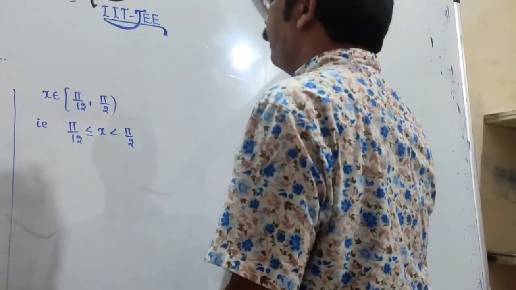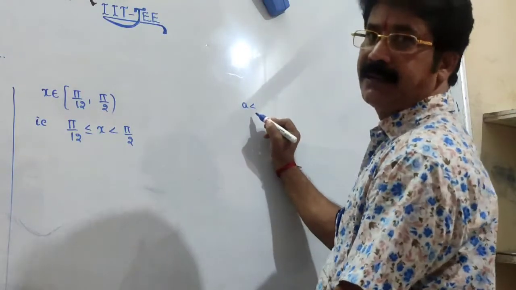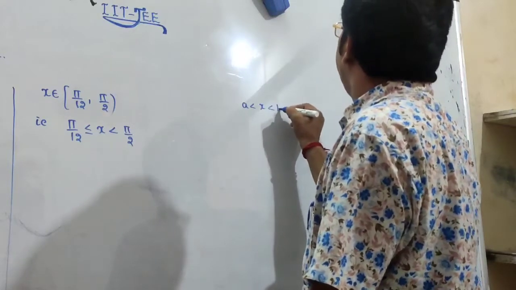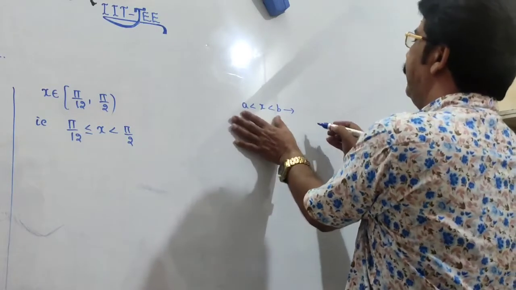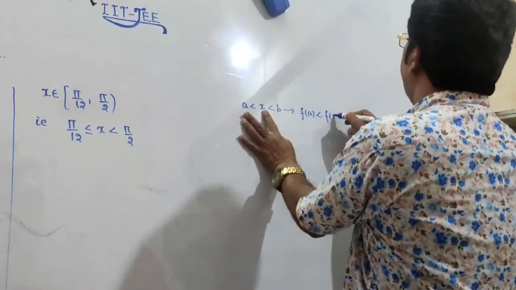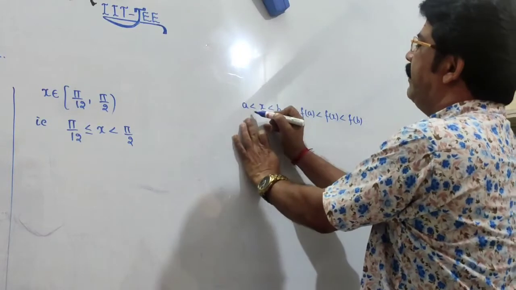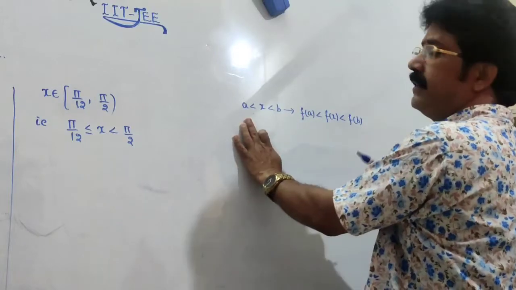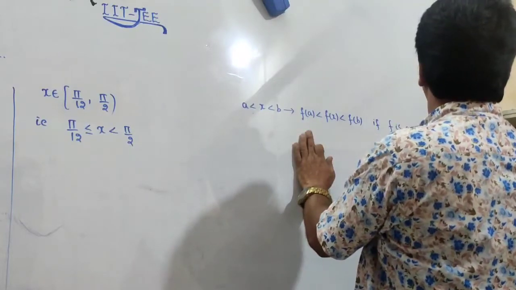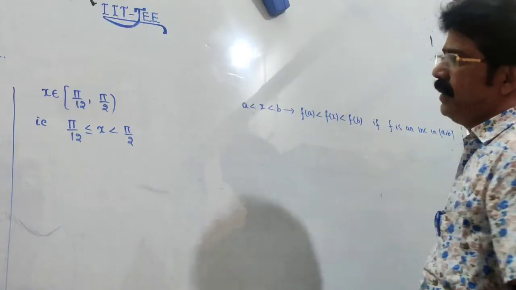One minute. For example, if a is less than or equal to x less than b, then we can write f of a is less than f of x is less than f of b, following the same signs, if f of x is an increasing function in the open interval a comma b.